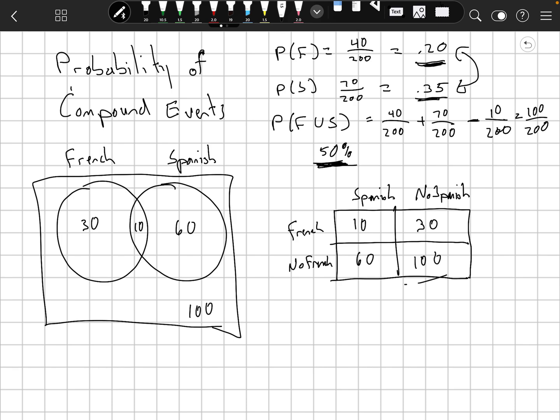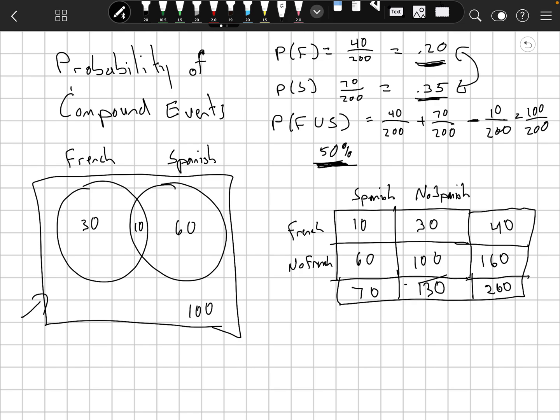So hopefully you can see these four numbers, how we got them from these four numbers over here. Let's finish this table off. We know that there's 200 in all, and we know that the French total is 40, and the no French is going to be 160, the complement of French. We know that the Spanish is 70, and no Spanish is 130, something like that.